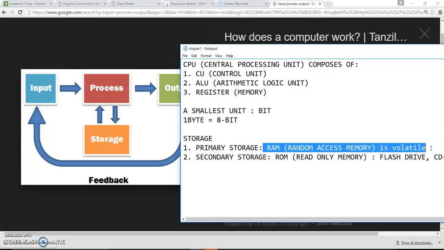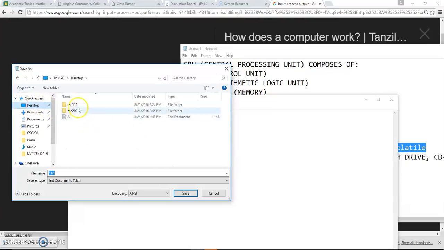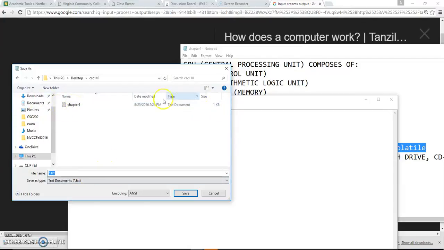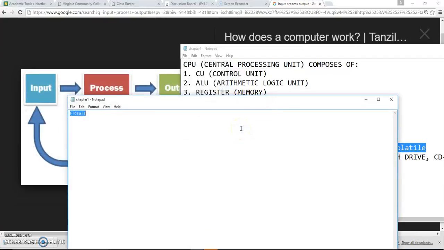Your notepad is like scratch paper, where sometimes you do not organize it well, like if I save this file, I pretty much organize it. I create a folder for it. When you go back home, you start to put it into your folder or on the bookshelf or wherever you organize your class. You say, hey, this is the CSC110 folder, and I put this note inside here. So I should be good, and this is my Chapter 1 notes or lecture week 1.